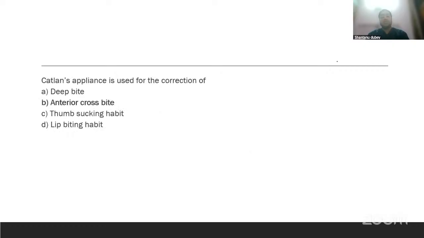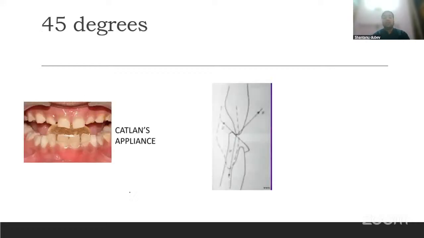So the next question is, Catlin's appliance is used for the correction of: is it deep bite, is it anterior cross bite, thumb sucking habit, or lip biting habit? If you know what Catlin's appliance is, you will have no problem answering this question. Whenever you see a developing anterior cross bite, what do you do?